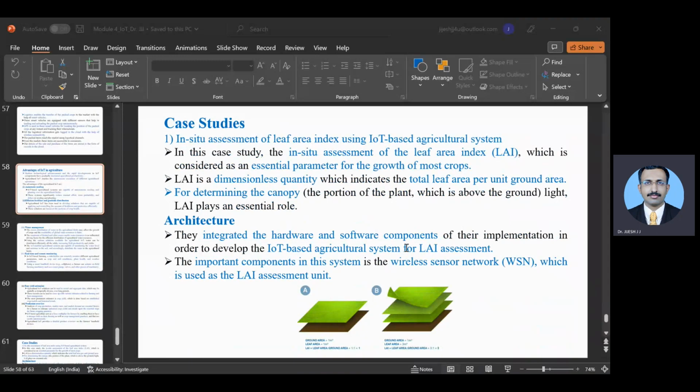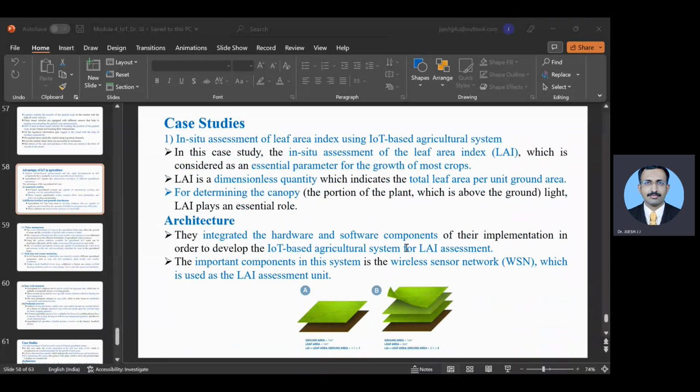You can see that this is the ground. This is the leaf portion, where the ground area is 1 meter square. Then leaf area is 1 meter square, so leaf area index is 1:1. Understood that?